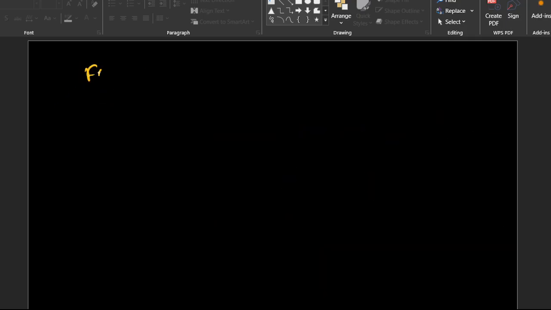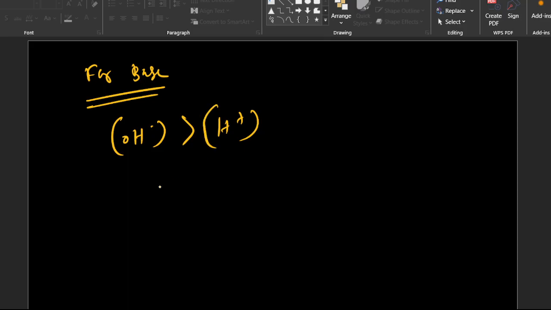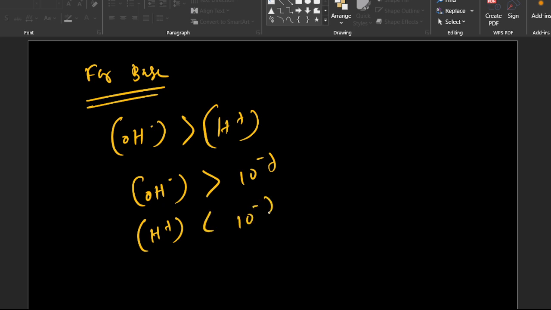Similarly for base, OH minus concentration is more than H plus concentration. It means OH minus concentration is more than 10 raised to minus 7 value. That means H plus concentration will be less than 10 raised to minus 7.